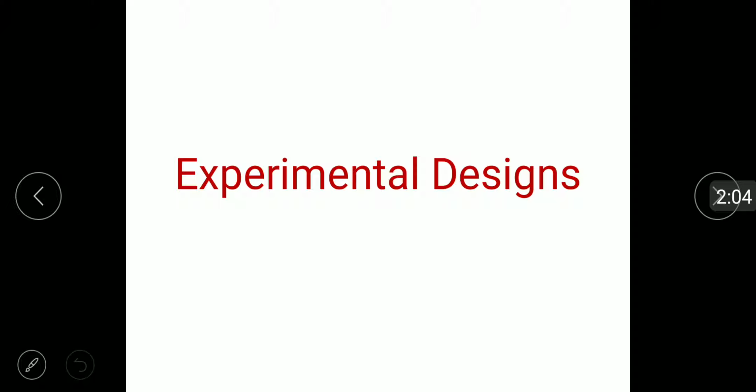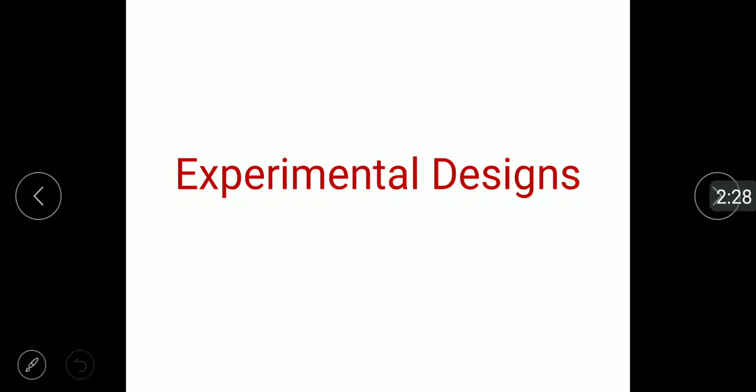Coming to experimental designs. Various forms of plot arrangements to suit the experiment requirements of particular problems have been evolved and are known as experimental designs.